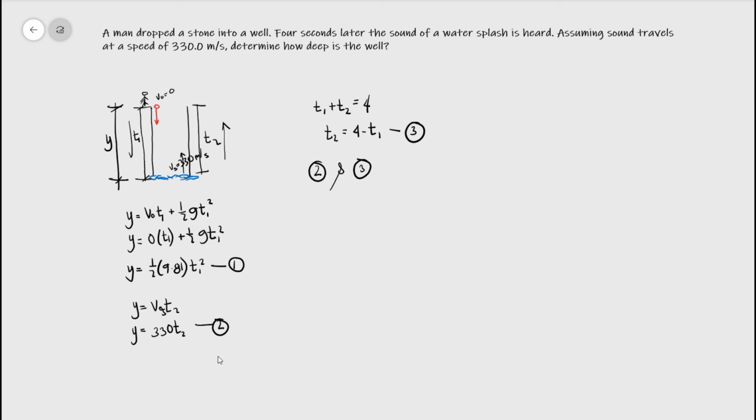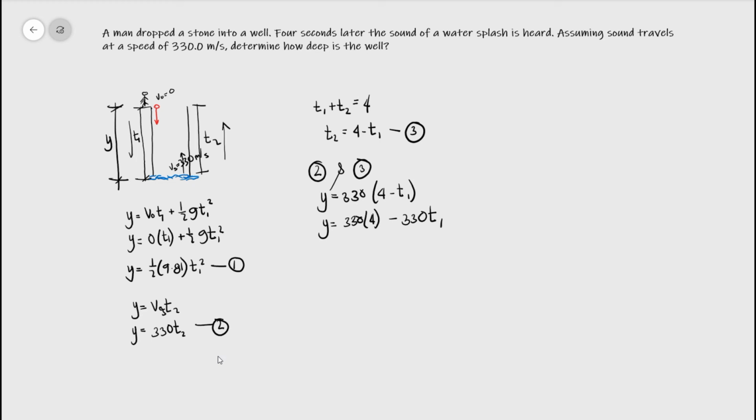Using equation 2 and 3, we have y is equal to 330 times 4 minus t sub 1. Therefore, we have here y is equal to 330 times 4 minus 330 t sub 1.